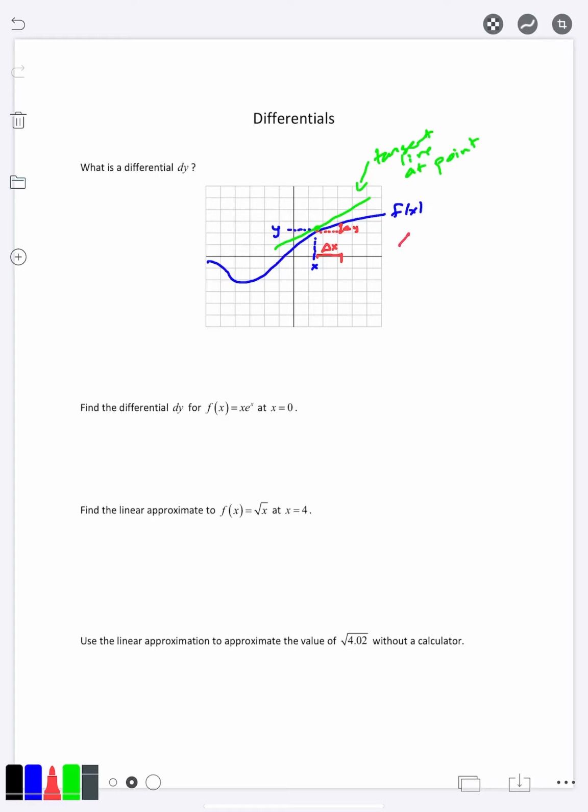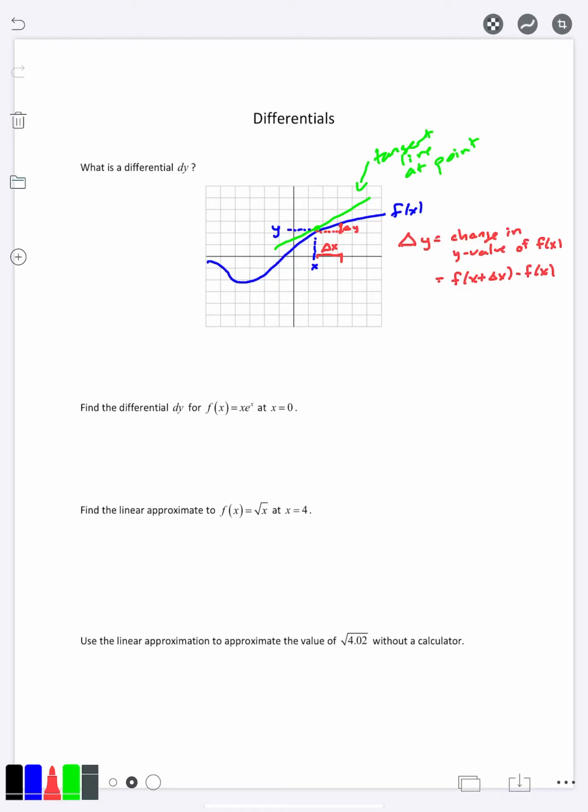So delta y here, this is the change in the y value of the actual function f of x, or in other words, this is f at the right point minus f at the first point.